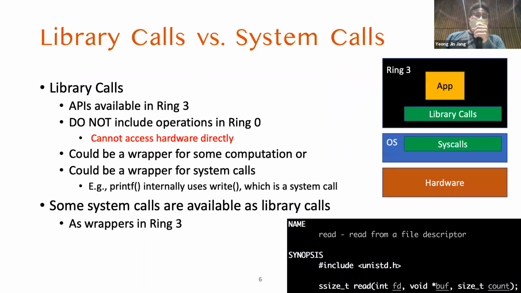And before getting into more detail about this system call gate, let's make things clear about the distinction between library calls and system calls. Most of the APIs that you are using are library calls. When you're writing Ring 3 applications, just in general programming, there's no reason that you need to directly talk to the system call.